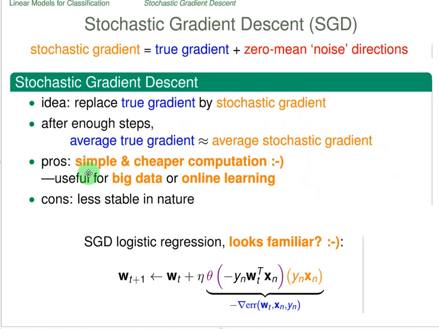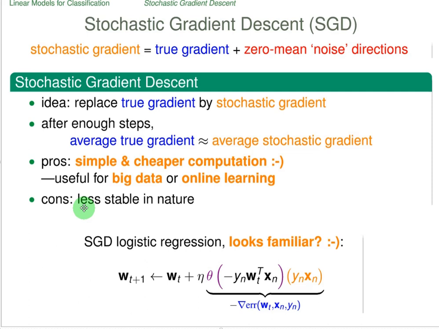Okay? Stochastic gradient descent is simple and cheaper to compute, since it only involves a gradient calculation and then a weight update using a single, randomly chosen example. PLA uses a single example to update the weight, and stochastic gradient descent also updates the weight based on a single example. Right?